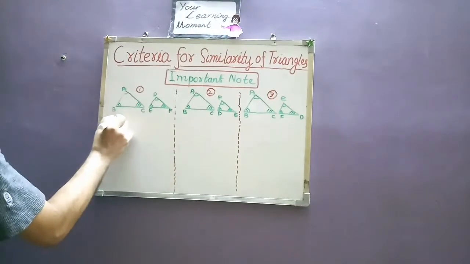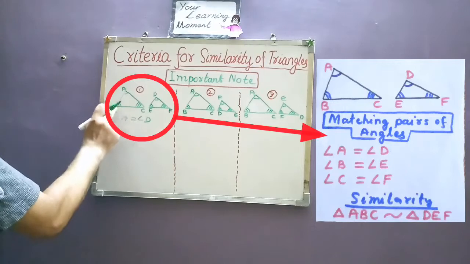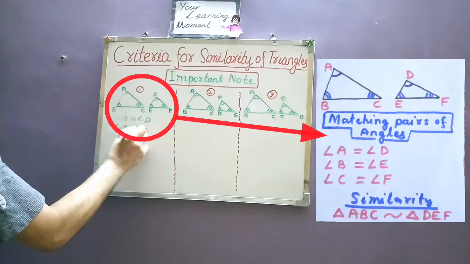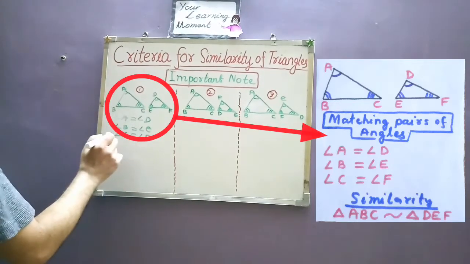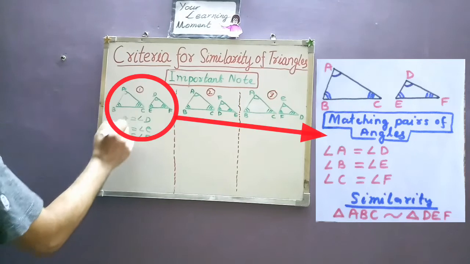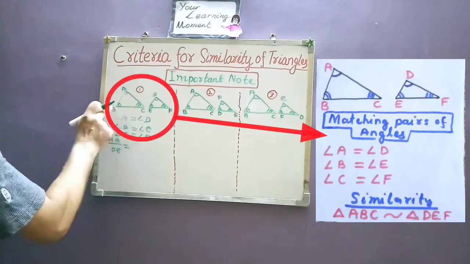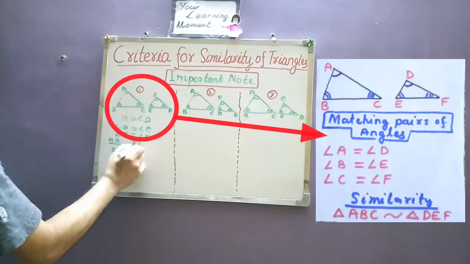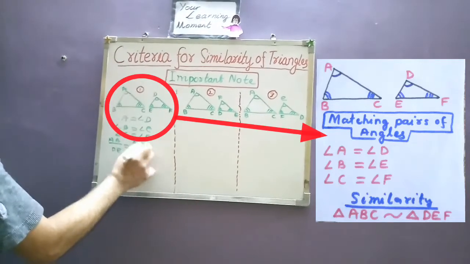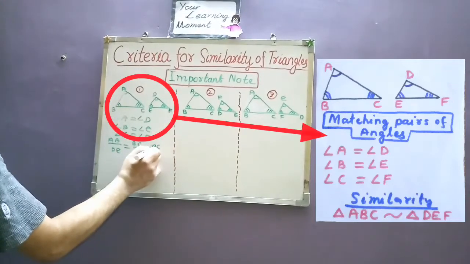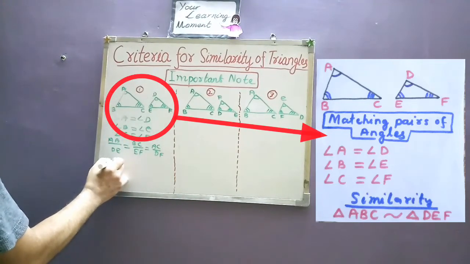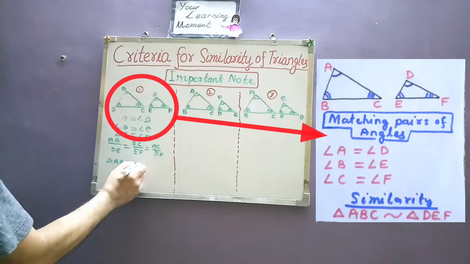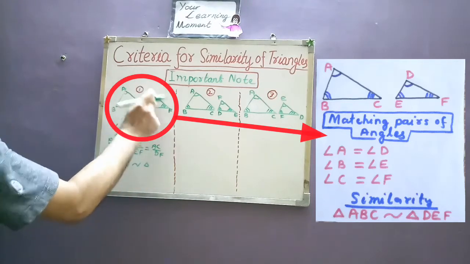First pair, in triangles ABC and DEF, the corresponding matching pairs are angle A equal to angle D, angle B equal to angle E, angle C equal to angle F, and the ratio of corresponding parts, these are AB upon DE equal to BC upon EF, that equal to AC upon DF, and hence triangle ABC is similar to triangle DEF.